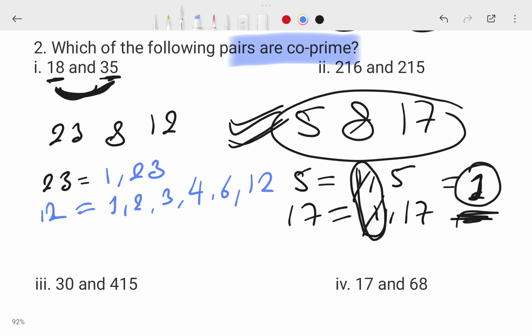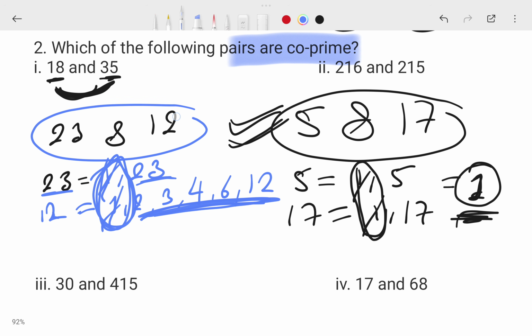In this one, which is the same? 1 and 1 only. Is 23 there in this? No, only 1 and 1. So here the common factor is 1 only. It means that this is a co-prime pair.